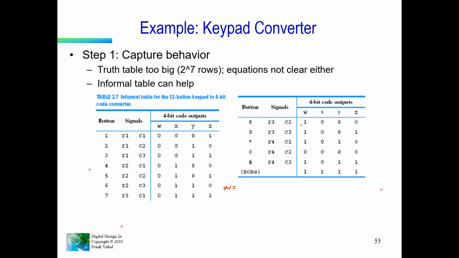So W will become 1 when both R3 and C2 are 1. So I will write this as R3 and C2. The other case, when W must be 1, can be presented as R3 and C3.